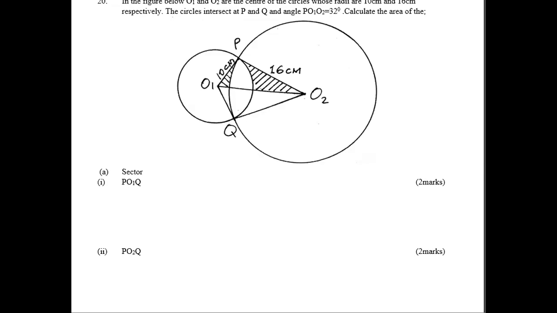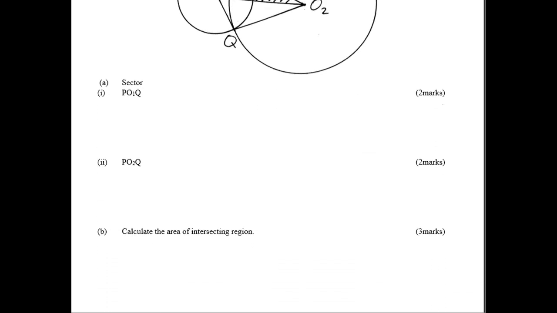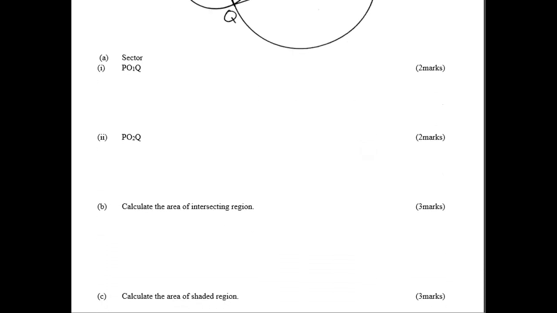Having those two angles, now we can work out what they want. They want area of sectors. Sector PO1Q will be given by theta over 360 times pi r squared.